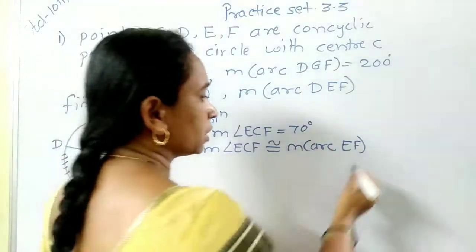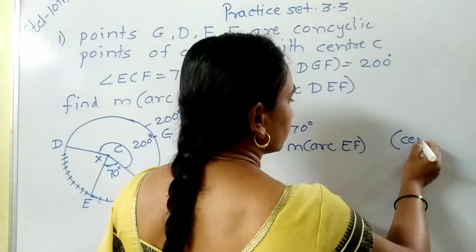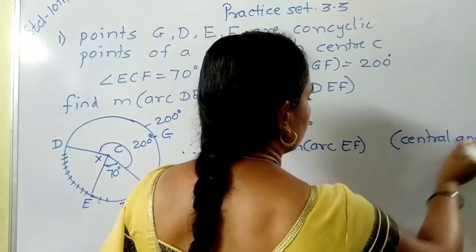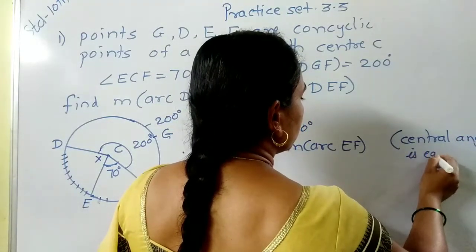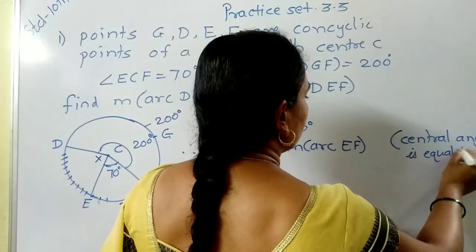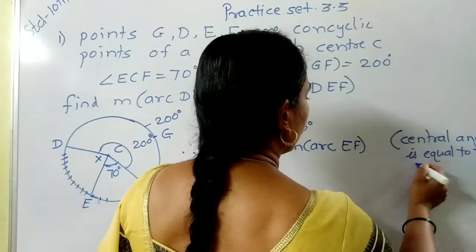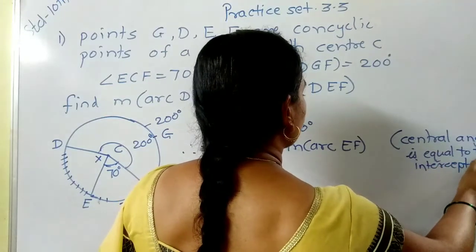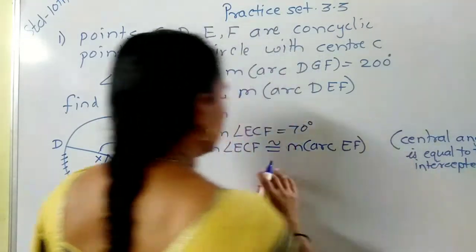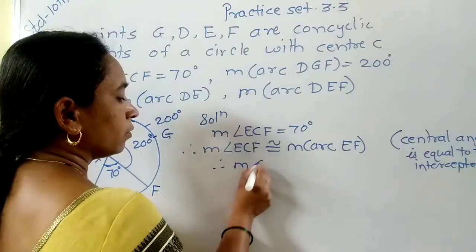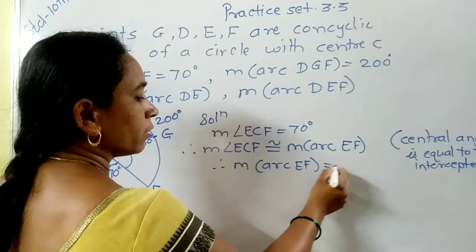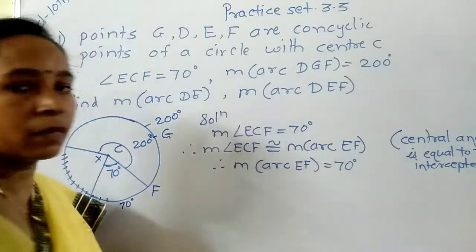The property of a central angle: the central angle is equal to the intercepted arc. Therefore measure of arc EF is also 70 degree.